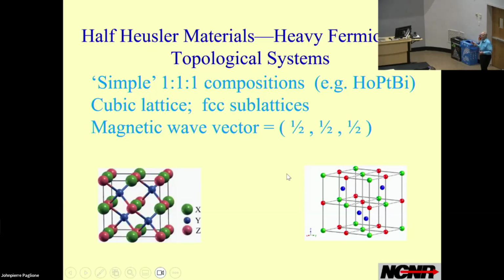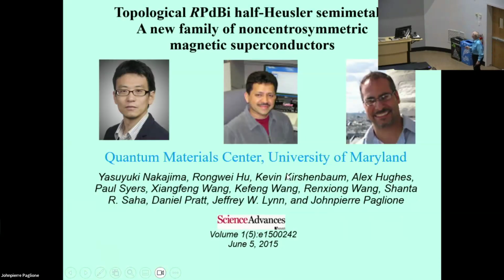Anyway, these are really interesting systems. They're cubic, and the magnetic ordering wave vector is antiferromagnetic, and we've done a whole series of the different heavy rare earths in this system. So here are the co-conspirators. Shanta is probably somewhere in the audience, maybe, and JP.